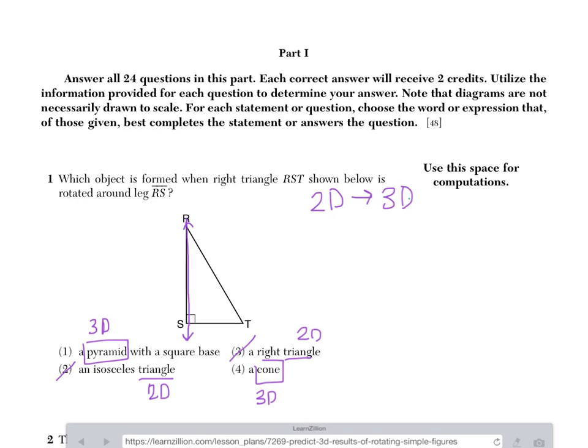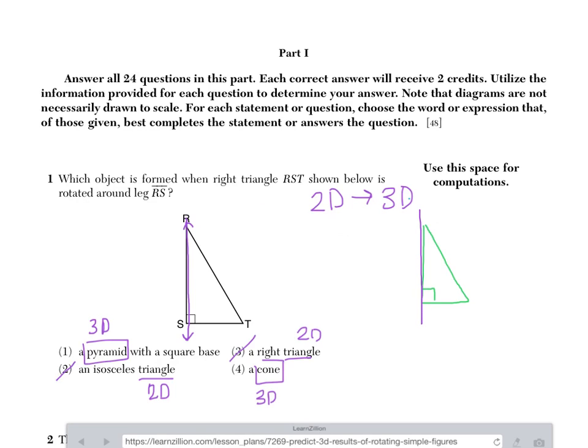When thinking about this question, we really have to visualize what's happening here. We have to take this triangle and rotate it around line segment RS. And so I'm going to try and sketch what this would look like if we were to rotate around a segment. So we start with this triangle RST, and I know that I have a right angle here.